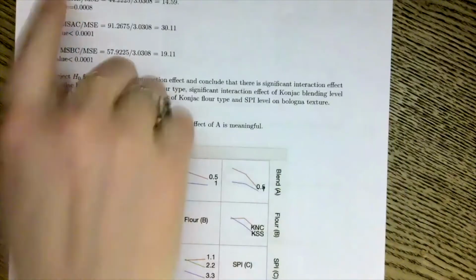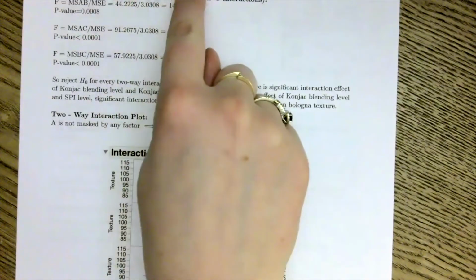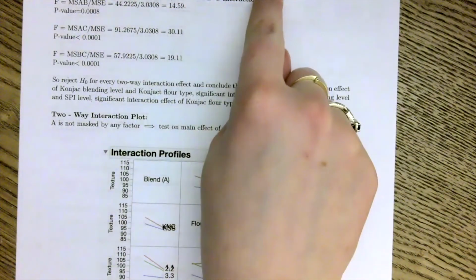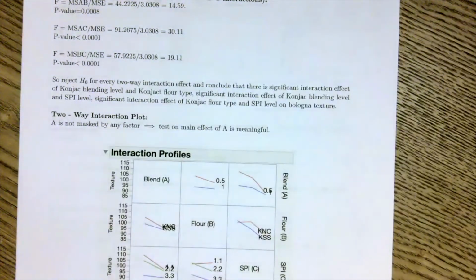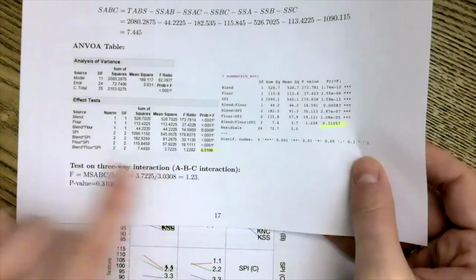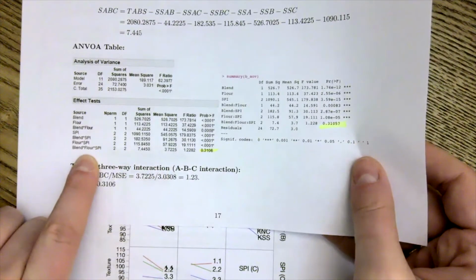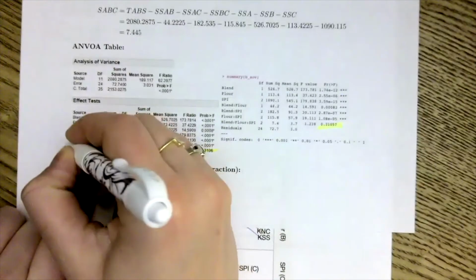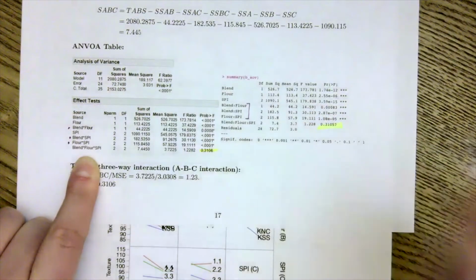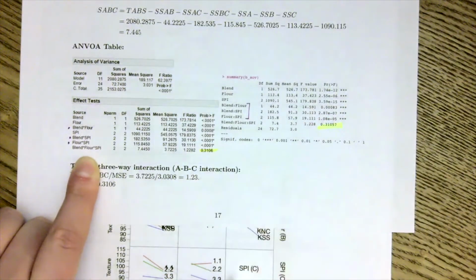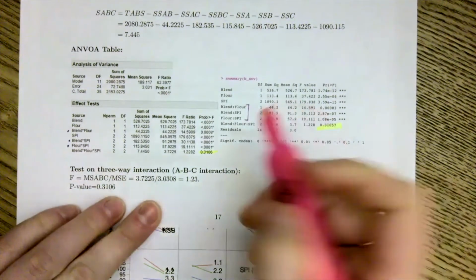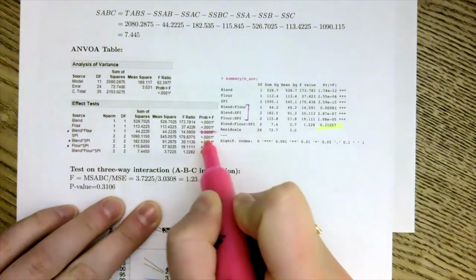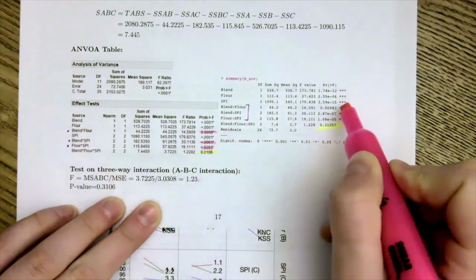So we're going to fail to reject our H0 and conclude that there is no significant interaction between all of these. So with testing our highest order, our 3-way, we now can move to looking at our two-way interactions, which would be here. Our two-way interactions, I'll highlight in pink, are all significant.